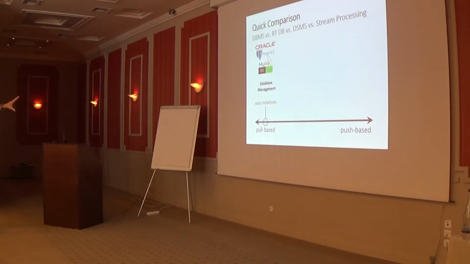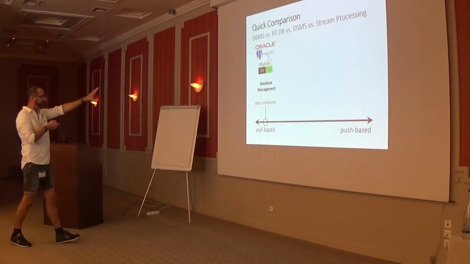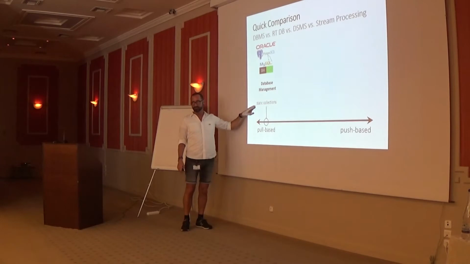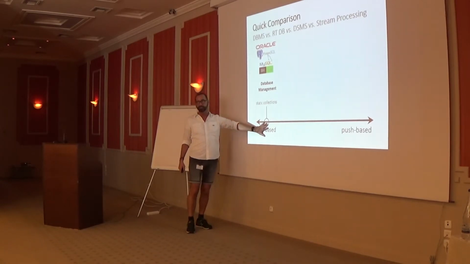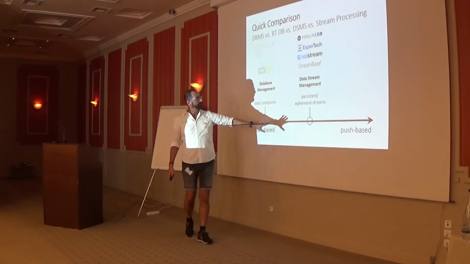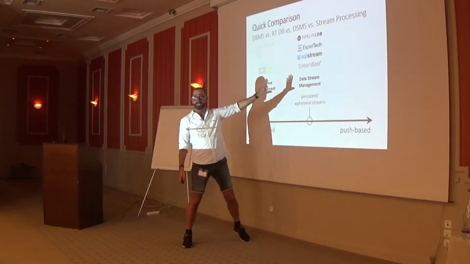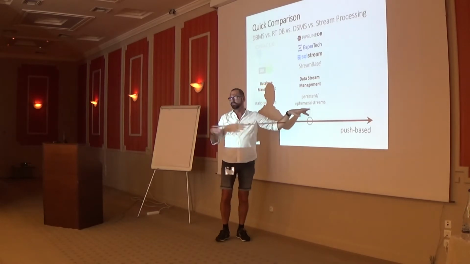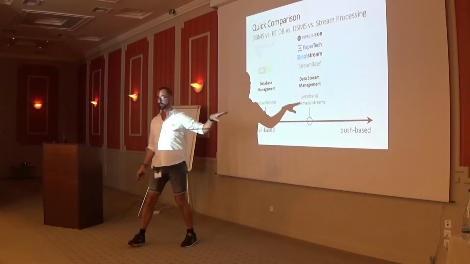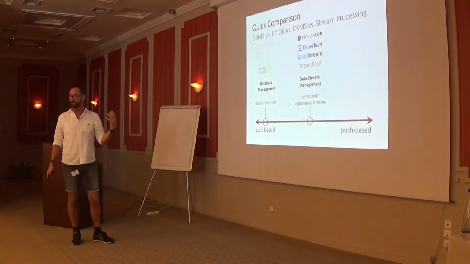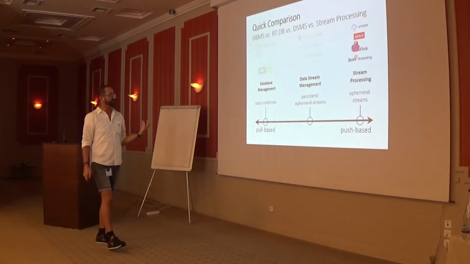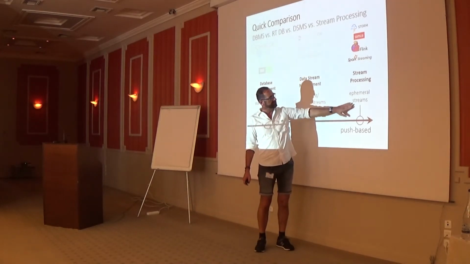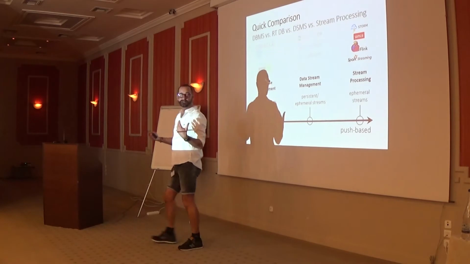So traditional database systems, especially the relational systems, are managing static collections of data. Static collection, they're completely pull-based. Then we have the data stream management systems. They kind of deal with persistent and ephemeral streams, but they do not really scale as well. And we have the completely push-based stream processing systems which deal with ephemeral streaming.